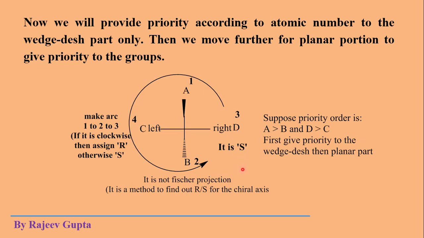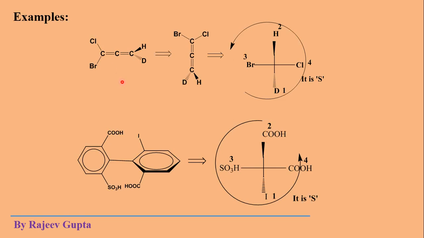Now see other examples. This is the example of an allene derivative. Allene is a type of cumulene, where we see repeated double bonds without a single bond in between.